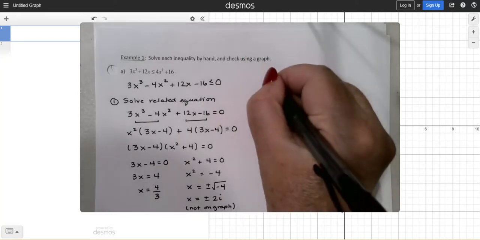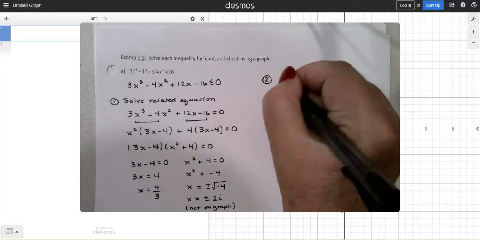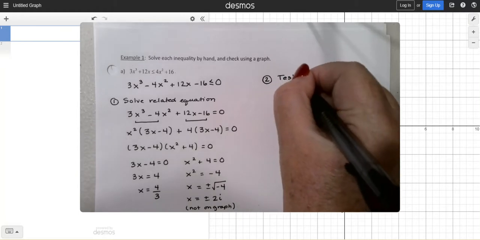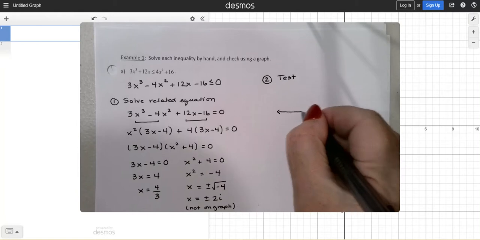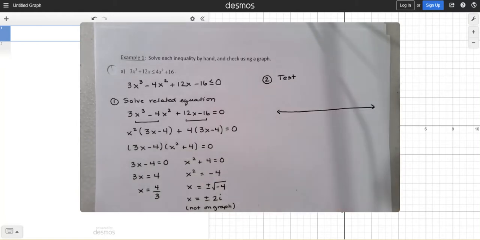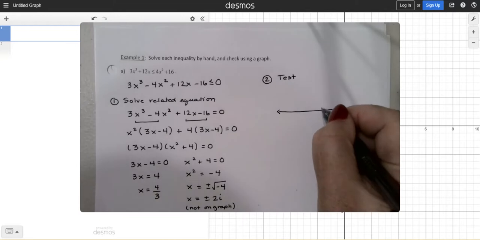So here comes step 2. I'm going to do my test. What I like to do is just draw a little number line. I'm not going to try and draw the whole graph because that would take me quite a bit. But I'm going to draw myself a little number line. I'm going to put the zeros, in this case the only real one, on my number line.